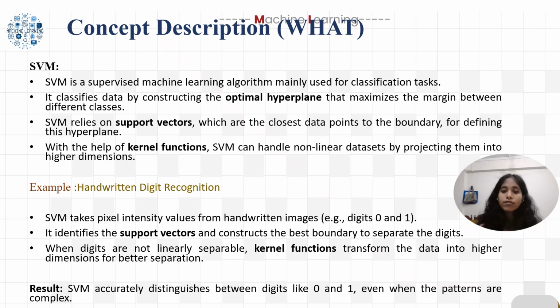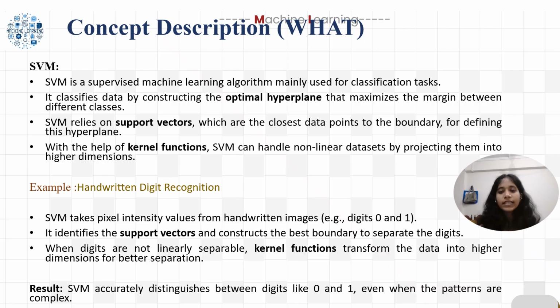SVM relies on support vectors, which are the critical data points closer to the decision boundary. With the help of a kernel function, SVM can handle non-linear data by projecting it into high dimensions. So if the data is of high dimension, SVM uses kernel functions simply.